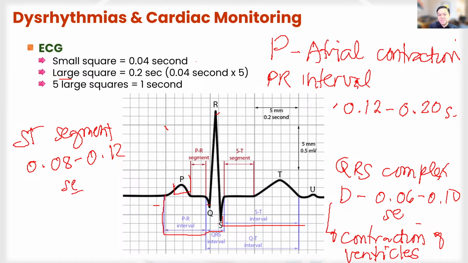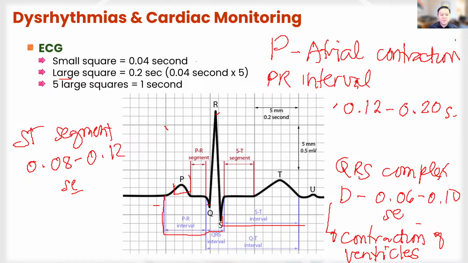And this represents that the ventricles are now starting to relax, repolarization. Again, the ST segment has a duration of about 0.08 to 0.12 seconds, and this signifies the repolarization phase.